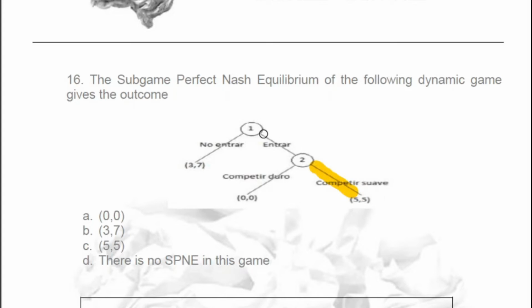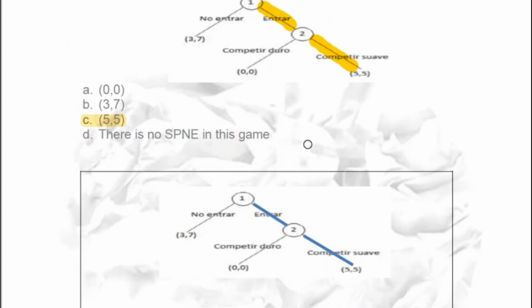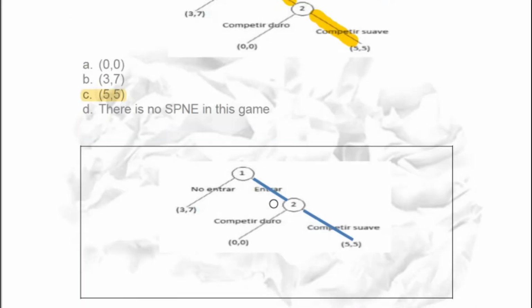So I should choose enter to win 5 instead of not enter and winning 3. So the solution should be first player 1 enters, and then player 2 competes soft. So the outcome is 5-5. Here you have it solved.